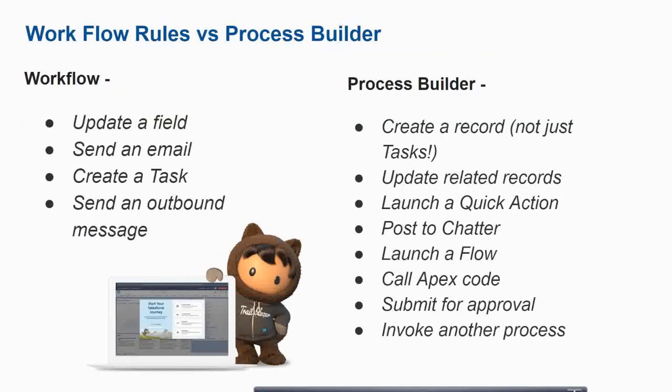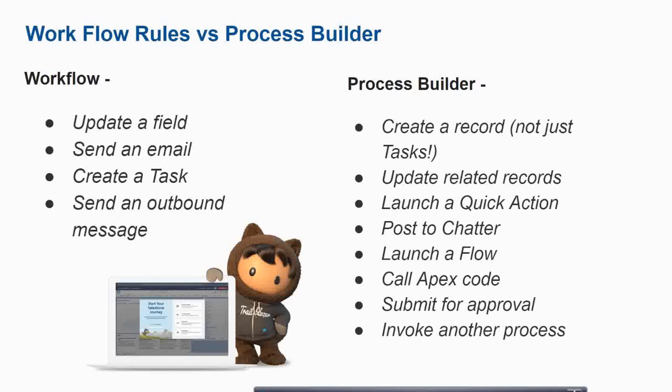Here I have provided the difference between workflow rule and process builder, which you can go through. In workflow rule, as you can see, we can send an email, create a task, or send an outbound message. The workflow is pretty limited, but in process builder you can call Apex code, post to Chatter, and almost do whatever you can do with workflow.